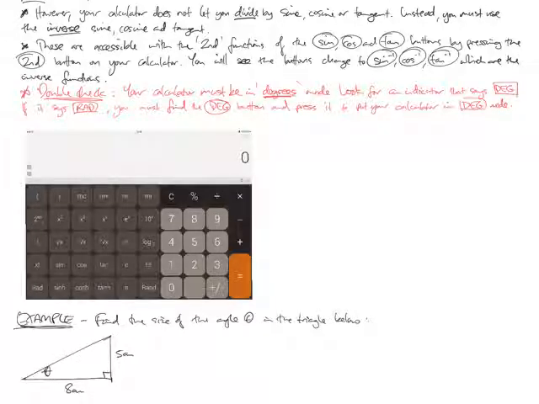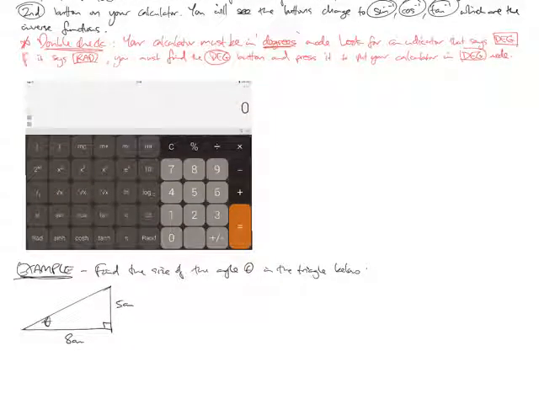That means the calculator is in degrees mode. If you find that the indicator says RAD, which is radians mode, you need to find the degrees button and press it to put your calculator in degrees mode. So you want it to be like this. If it says radians, you're going to notice that this button here will say DEG, which is degrees mode.